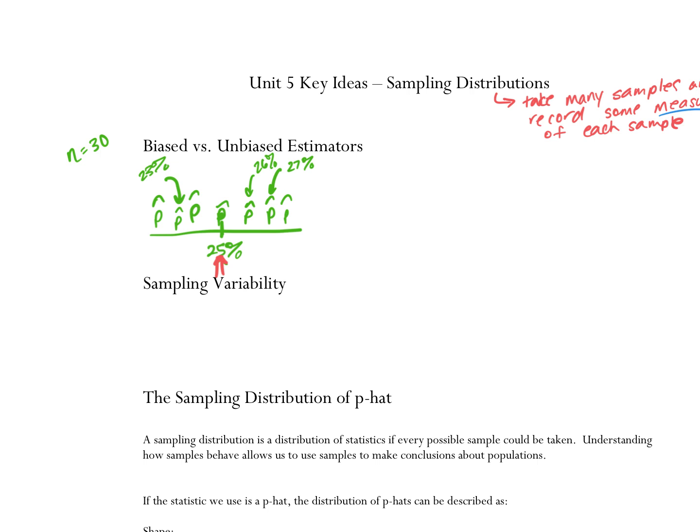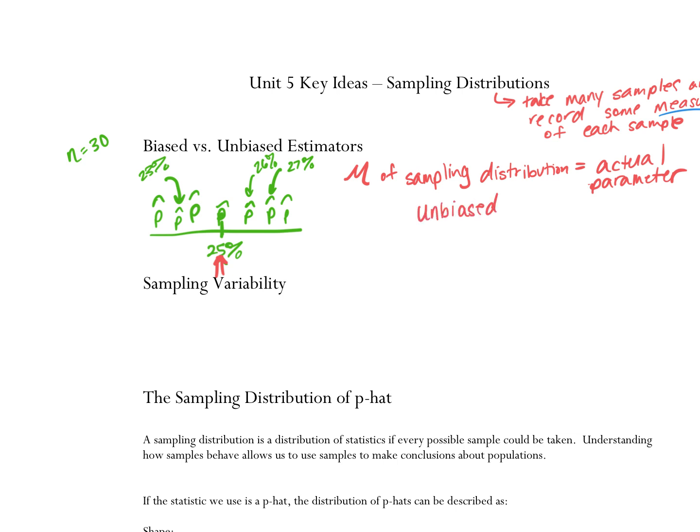Whenever the mean of my sampling distribution is equal to the actual parameter, that's when we call it an unbiased estimator.